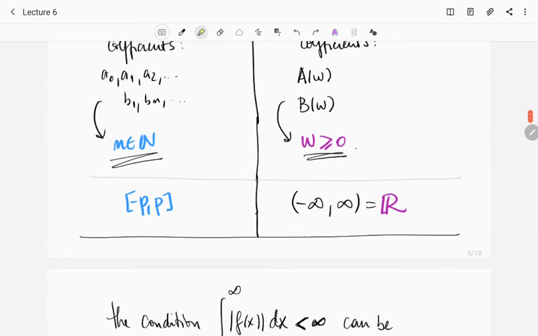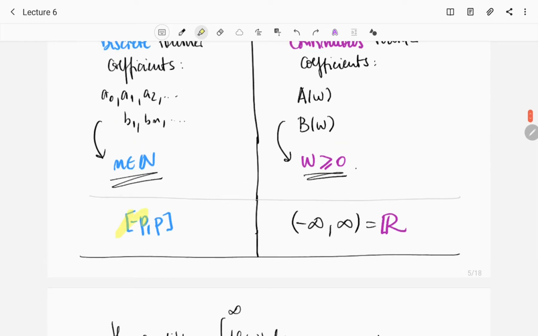Okay, and then here the function f in principle was defined on an interval minus p, p, and then we have a periodic function, so knowing the function in this interval of length 2p gives us the information about the whole function, because we just copy that graph outside the interval.